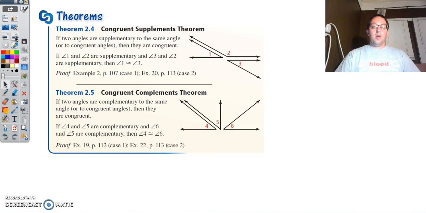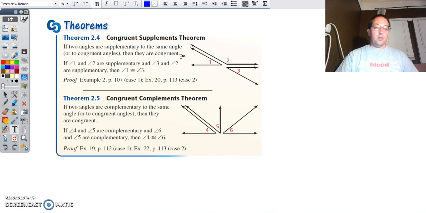Couple more theorems here. We have the congruent supplements theorem and the congruent complements theorem. What this says is that if two angles are supplementary to a third angle, or to some congruent angle, then they are congruent to each other. So, for example, let's put this with some numbers.